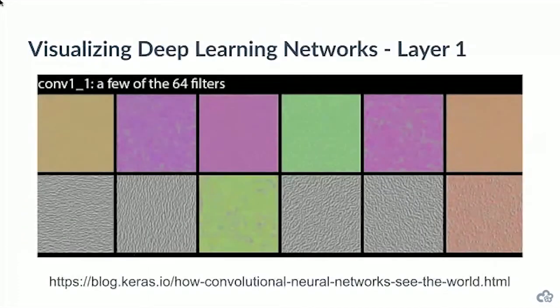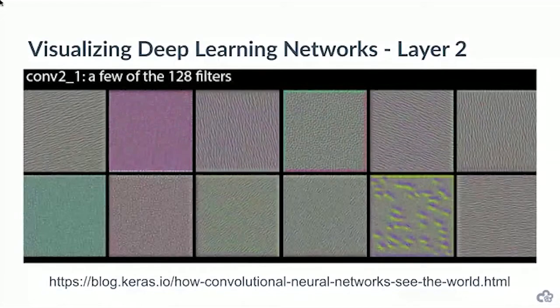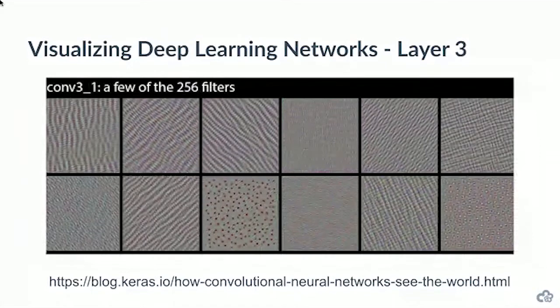This is an early layer, and there's a really excellent blog post I'm pointing to. If this is new to you, you should definitely go and read it. If you go into an early layer, what you'll see is that the filters are recognizing very simple kinds of textures. And as you go further toward the output layers in the neural net, you can see that the layers are recognizing more and more complicated things.